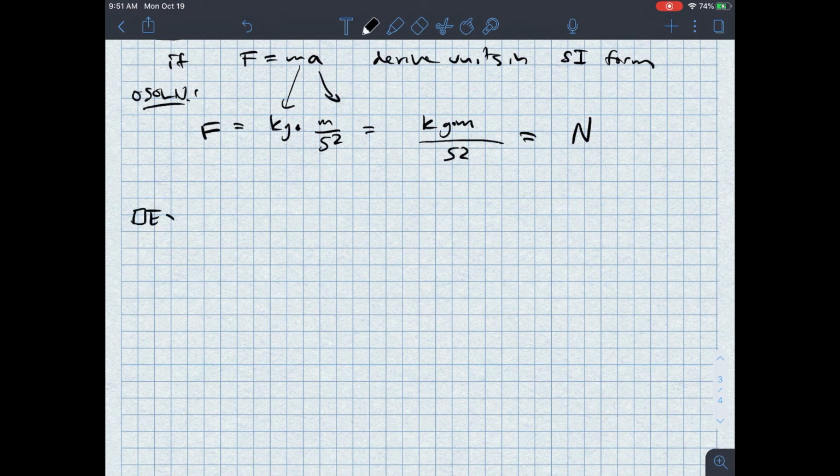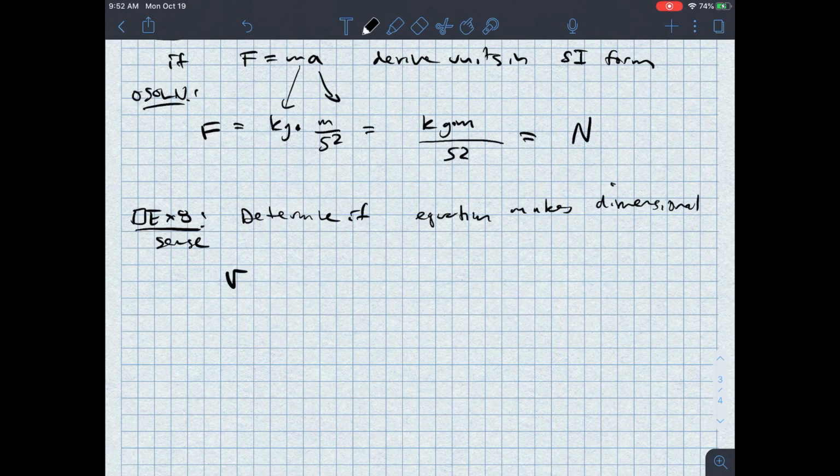The last example helps us see that if I have an equation, I can determine if the units of the equation make sense dimensionally. So let's determine if the equation makes dimensional sense.